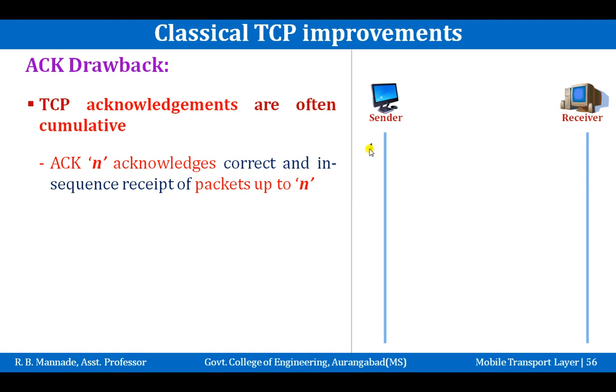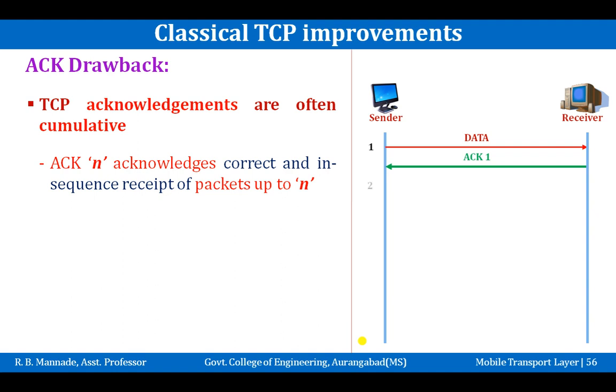This is the first packet which the sender sends to the receiver. This packet is transmitted, and in response the receiver sends back its acknowledgement. This is acknowledgement 1, which represents that it is for packet number 1, which is received by the receiver right now.